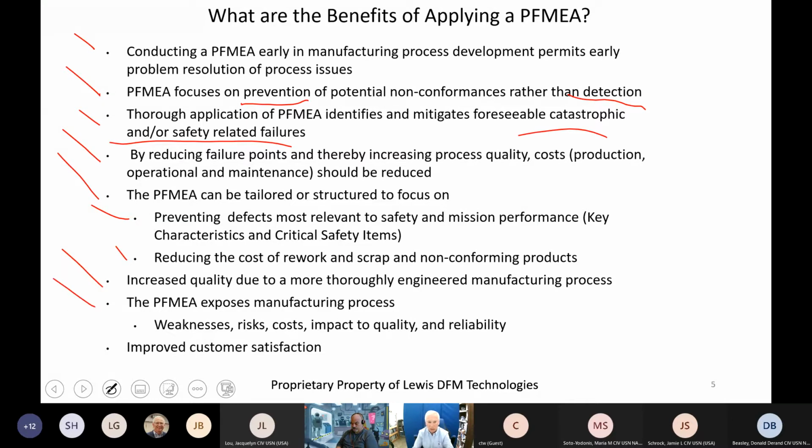The PFMEA exposes manufacturing process weaknesses, risks, costs, impact to quality, impact to reliability, impact to serviceability, impact to inspection, impact to a lot of different things. And ultimately, it's going to improve customer satisfaction, because a better product is going to be designed, a better product is going to be produced and inspected.